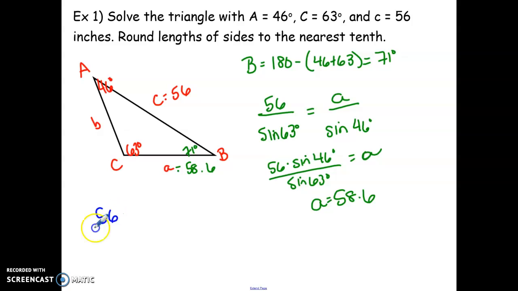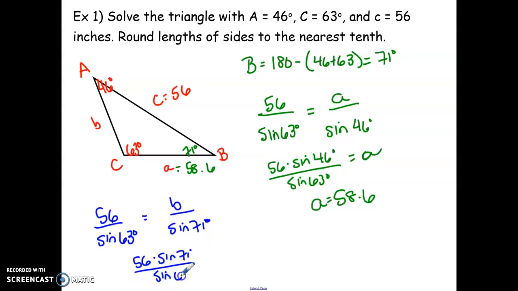We have 56 over sine of 63 degrees equals side B over sine of 71 degrees. If I multiply by sine of 71 on both sides and type that in my calculator, I find that side B is equal to 45.